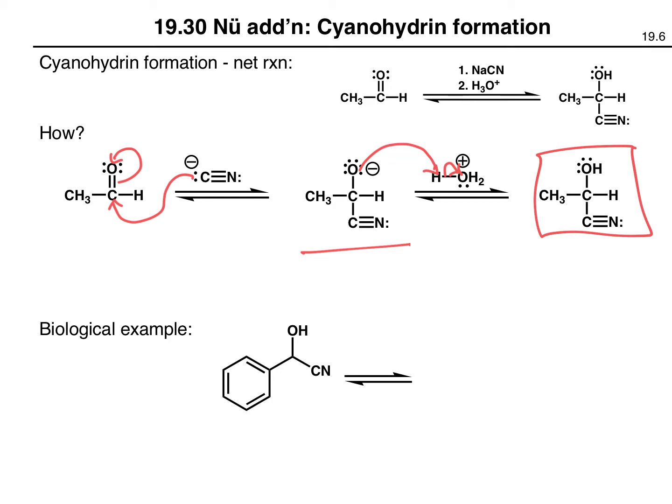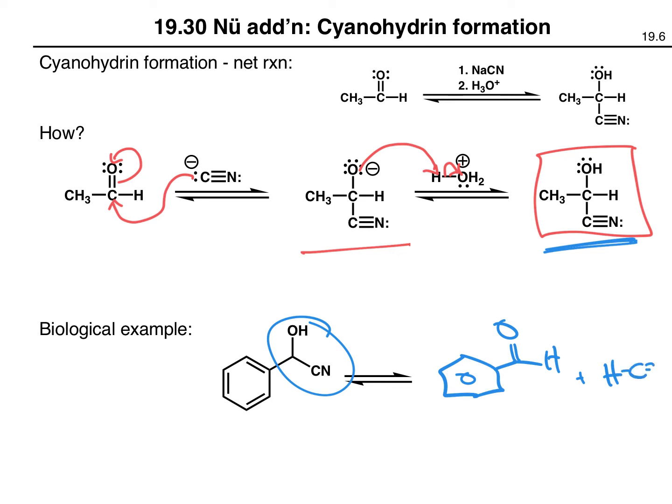Now, there's a biological example that I wanted to mention. Millipedes and certain beetles have this cyanohydrin. And now we're going in the other direction, we're starting with a cyanohydrin, and this is in equilibrium with benzaldehyde plus HCN. Hydrocyanic acid is a toxin.